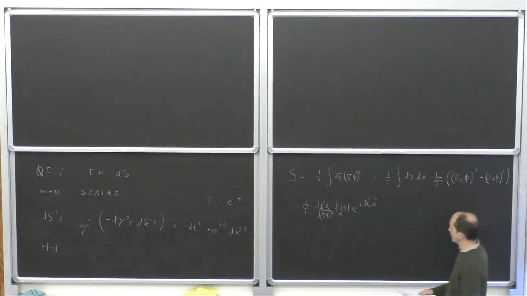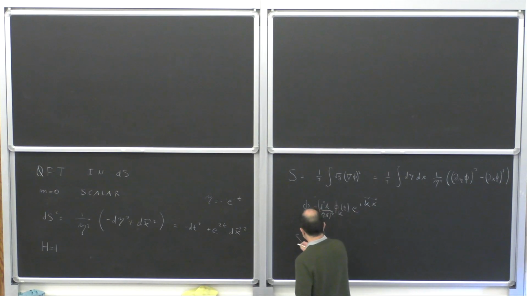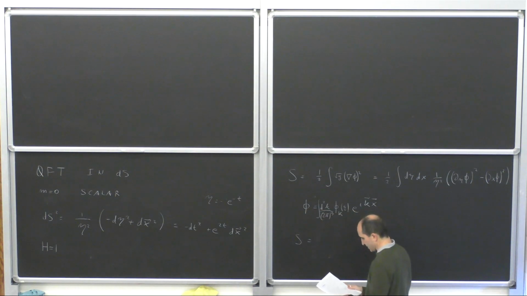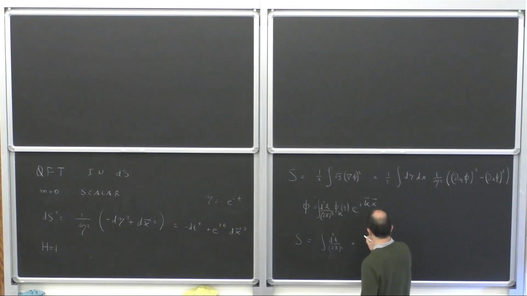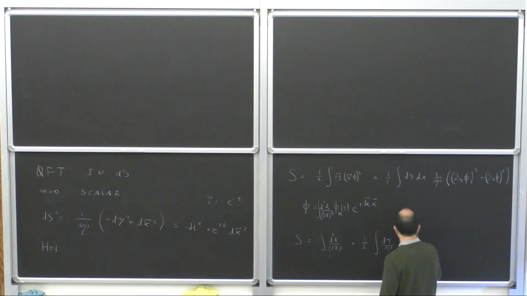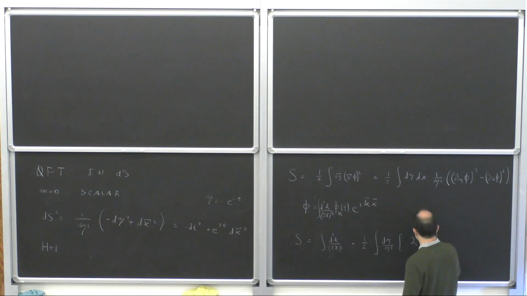So once we do that, we get that our Lagrangian will be some integral, d^3k over (2 pi) cubed. And then for each Fourier mode, we'll have a Lagrangian of the following form: (d eta phi k) squared minus k squared phi k squared.